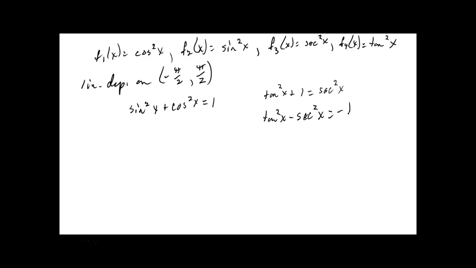Now, with those two facts in mind, then can't I say that sine squared x plus cosine squared x plus tangent squared x minus secant squared x is equal to plus 1 minus 1? Add them together. 0.